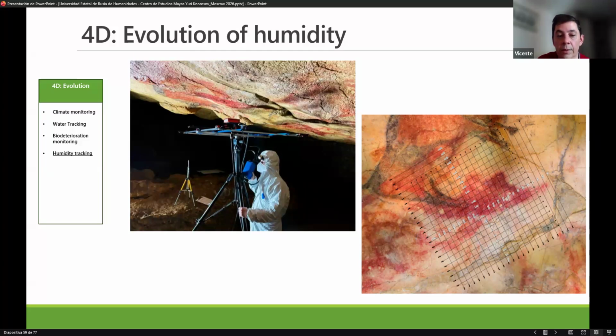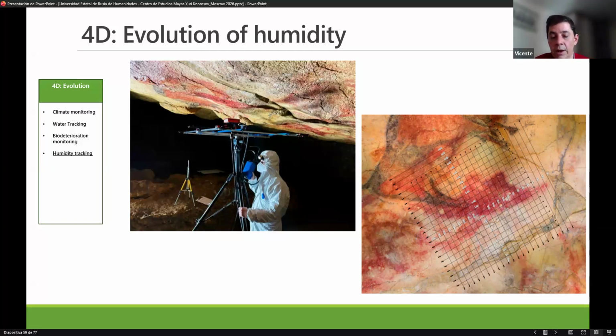Okay, we have a problem, that is that water falls, moves pigments, and causes biodeterioration. So we need to know how water is stored in the overlying thickness, in the first 40 centimeters. Just to see if there is water that in several months will fall and appear in the ceiling and move the pigment or cause biodeterioration.